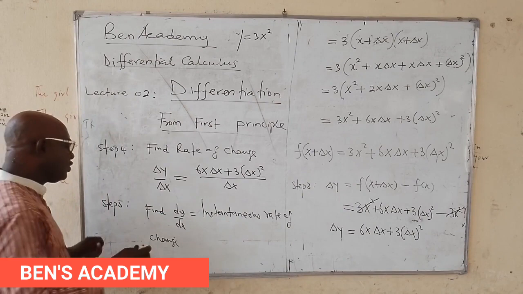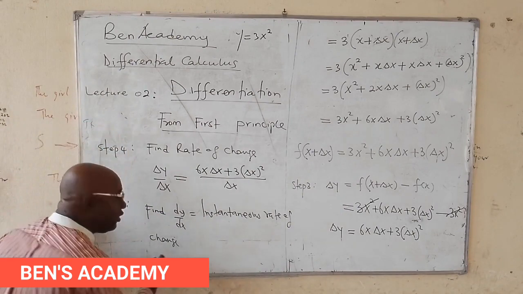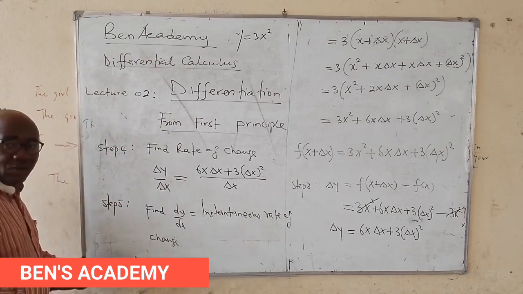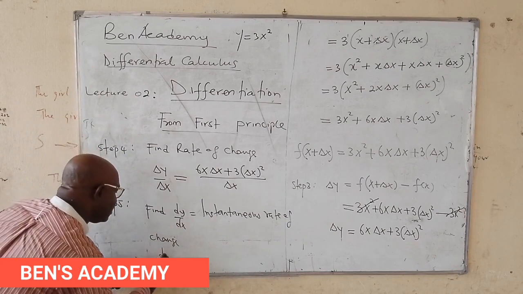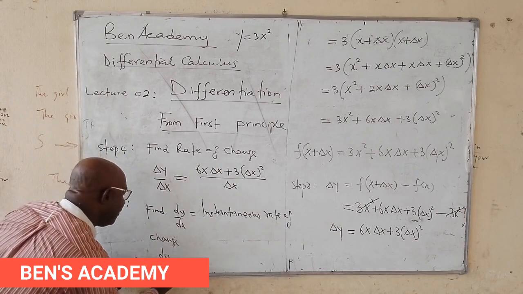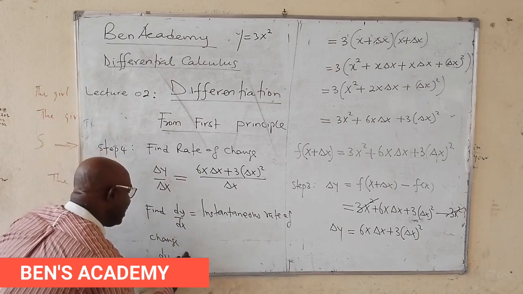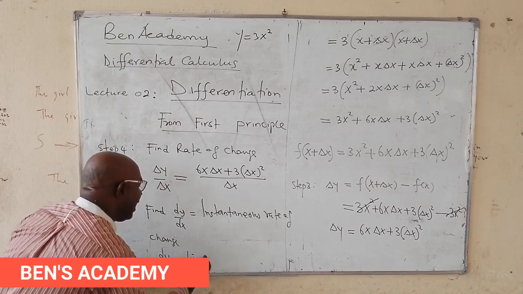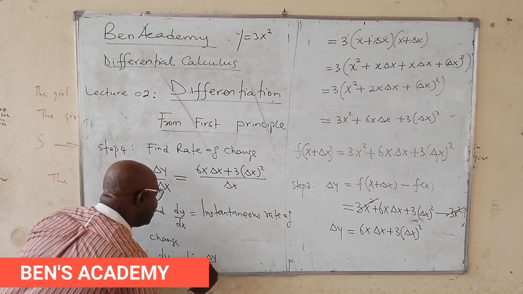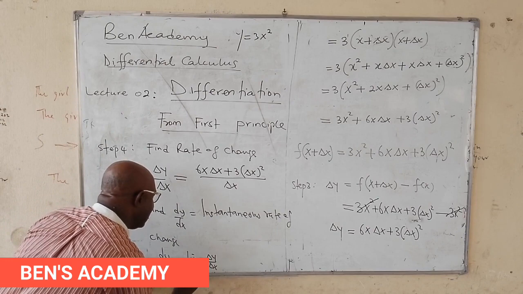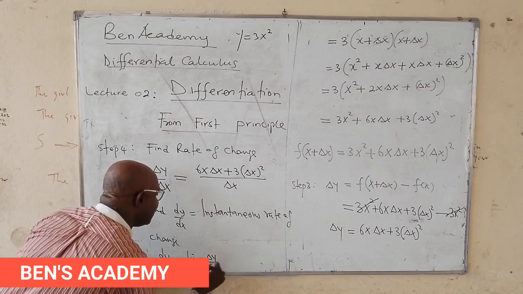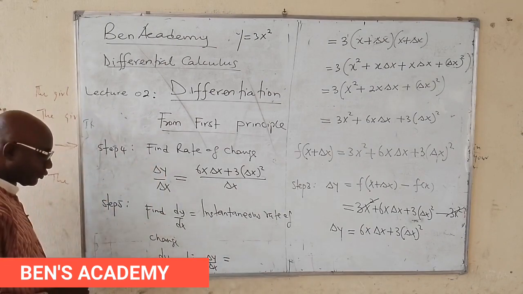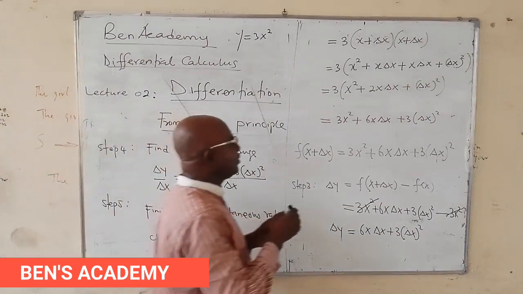So if we continue, we have dy dx. I hope you are saying that. dy dx is the limit of change in y upon change in x as change in x approaches 0. Maybe I should write this on top so that you see it very clearly.